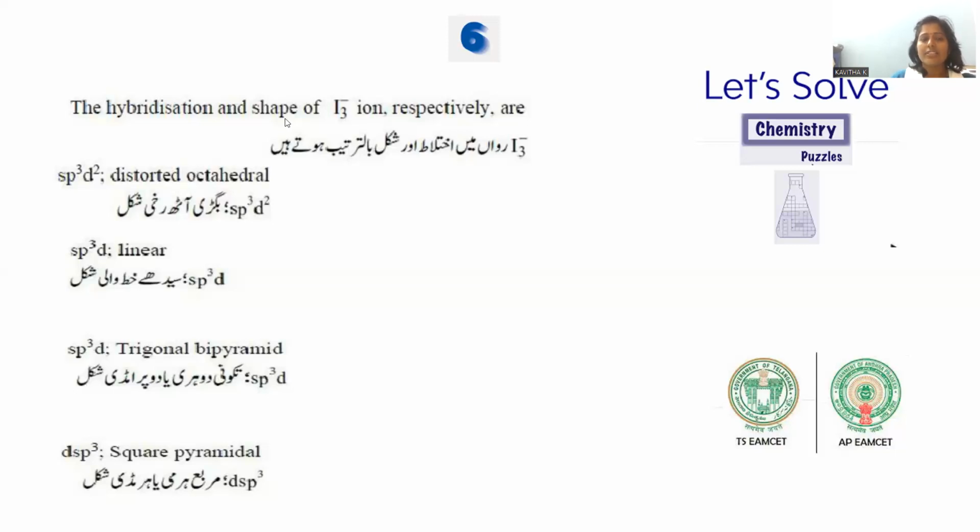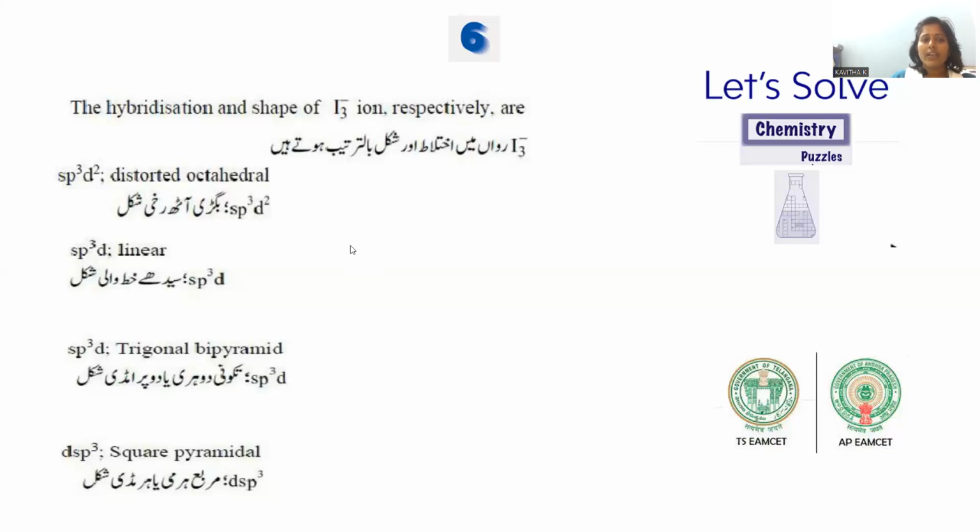There is a slight difference between the geometry and the shape of the molecule. If no lone pairs of electrons are there, geometry and shape are identical. If lone pairs of electrons are present, geometry is given with the exact hybridization value, and the shape is given excluding the lone pairs of electrons. That is a slight difference we have to identify.